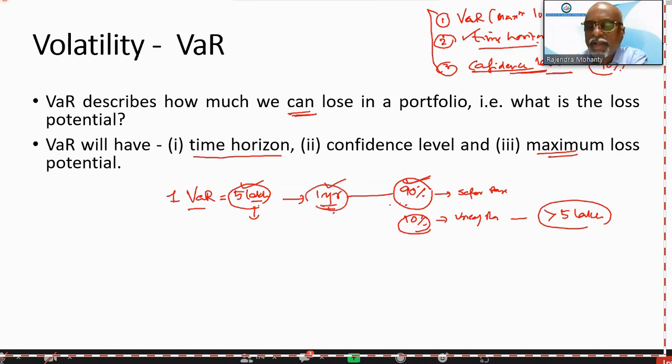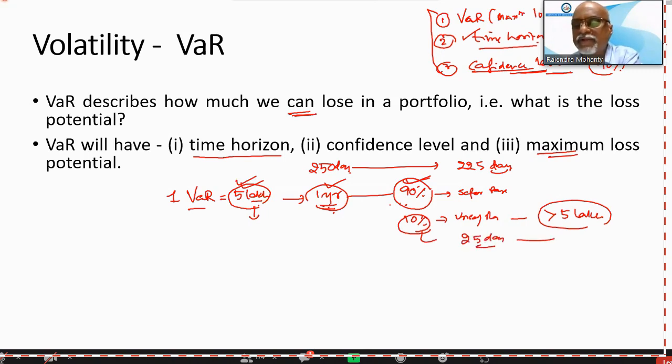If 1 year contains 250 days, then 90% means 225 days, my loss will be limited to 5 lakh. But for 10%, which means 25 days, my loss is going to cross 5 lakh. Now it is clear.